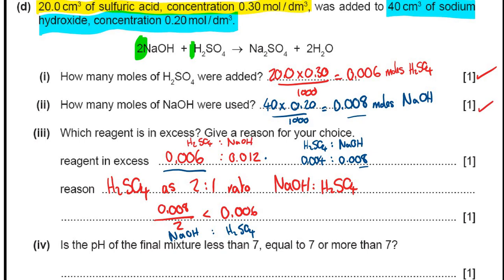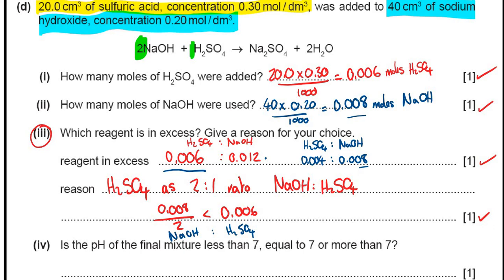So now you can see we've got 4 marks. There's 1 extra mark to obtain. And you can only get this mark if you've got this third mark correct. So now we know that the sulfuric acid is in excess, then it is not going to fully neutralise all the sodium hydroxide.